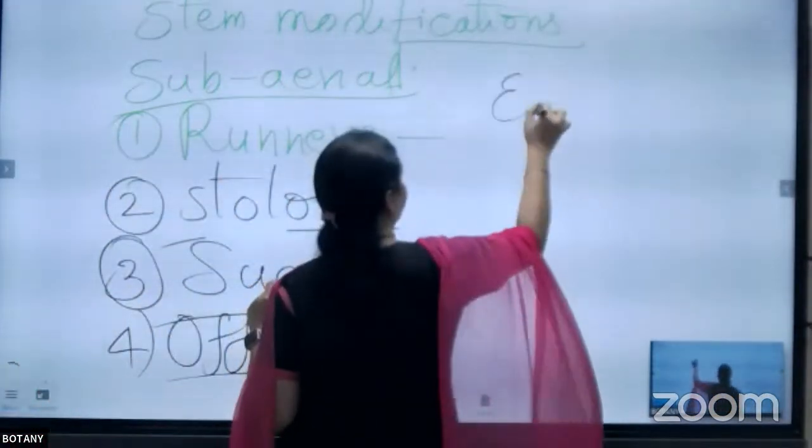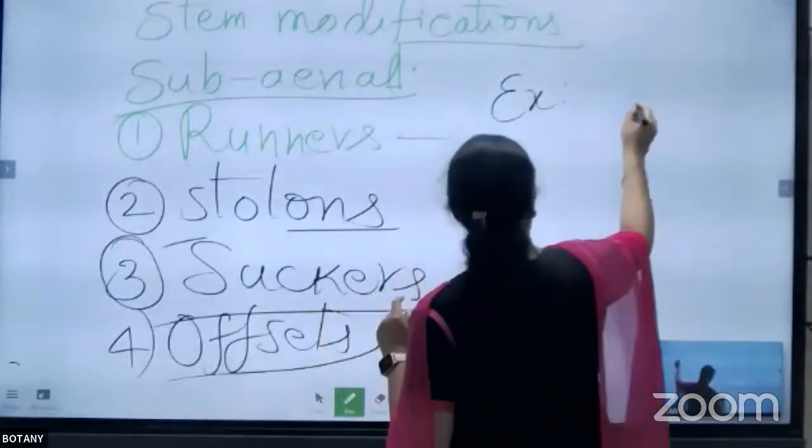The best example for the offsets is pistia.